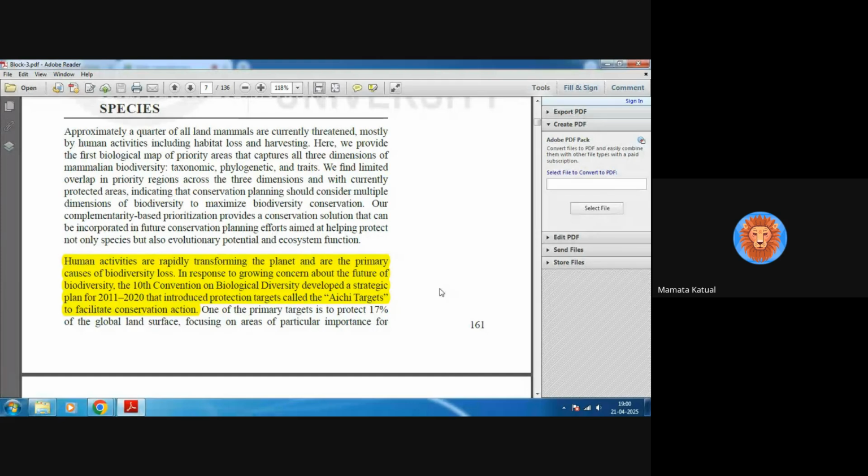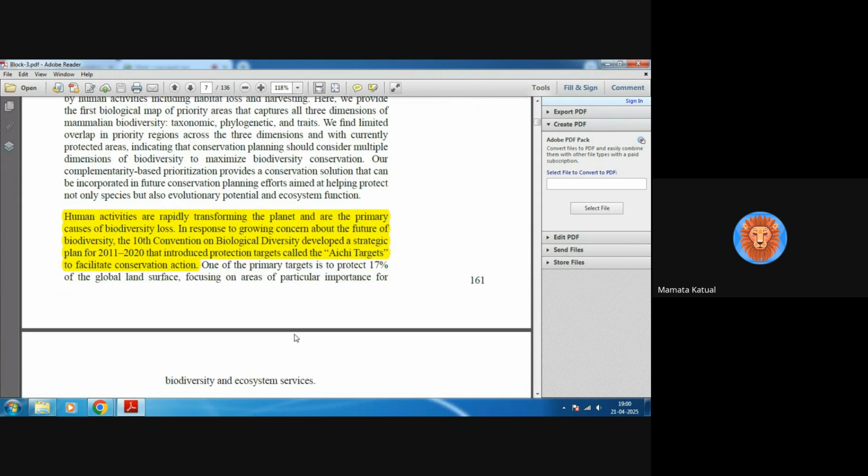So this Aichi target gives a target for conservation. One primary target is to protect 17% of the global land surface. So what is the target? We have to achieve that target in 10 years, from 2011 to 2020.